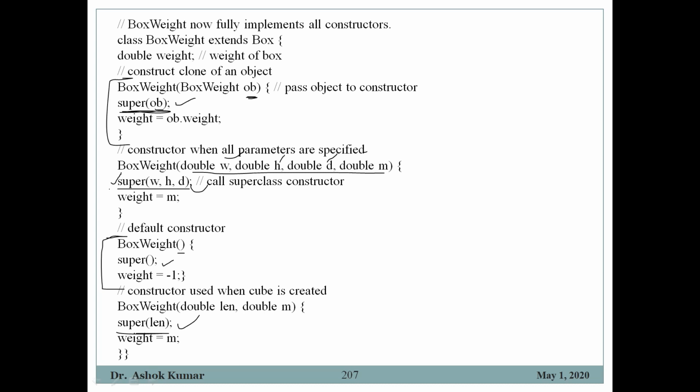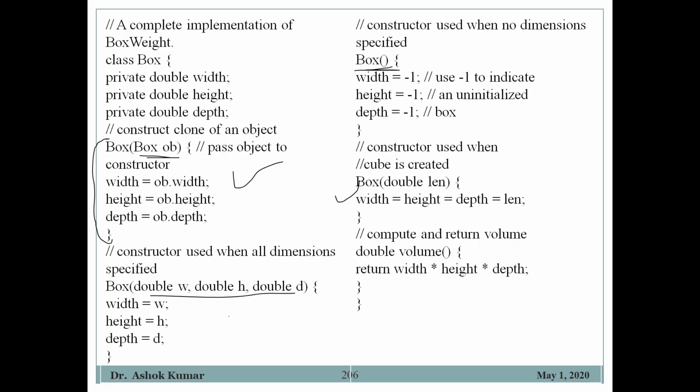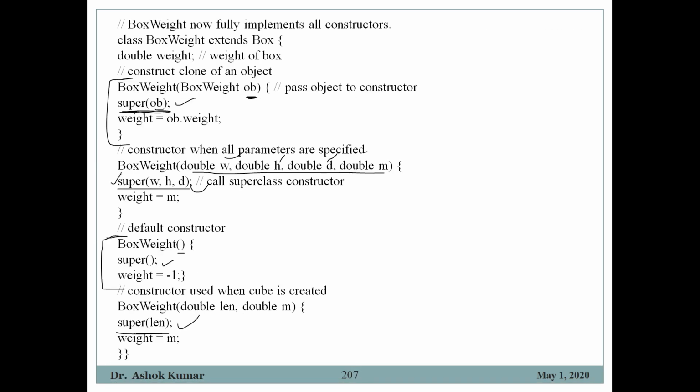When the superclass constructor is called, the first 3 parameters that we received through main are passed to the superclass constructor over here. So this superclass constructor will initialize width, height and depth with the W, H and D values, and after that the weight member will be initialized.